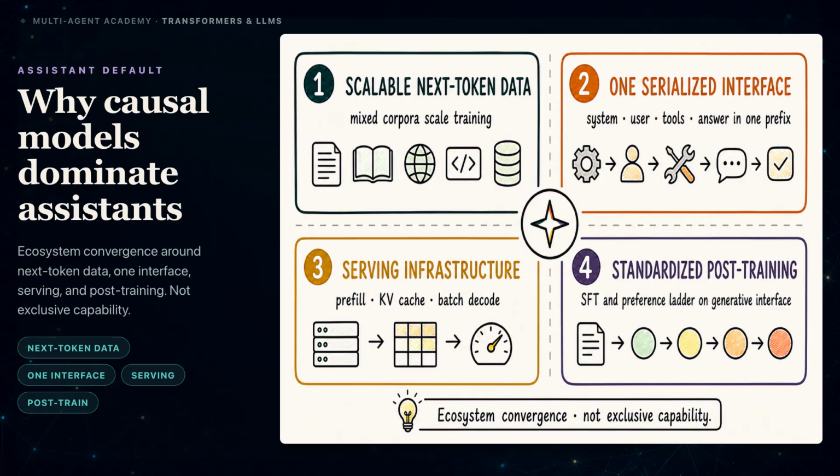Serving stacks then optimized for that style: fast startup, KV caching, and batch decoding. None of those serving tricks are exclusive to decoder-only models. Encoder-decoder systems can use them too. But once tools, evaluation, post-training, and infrastructure all fit the causal path, switching costs rise.